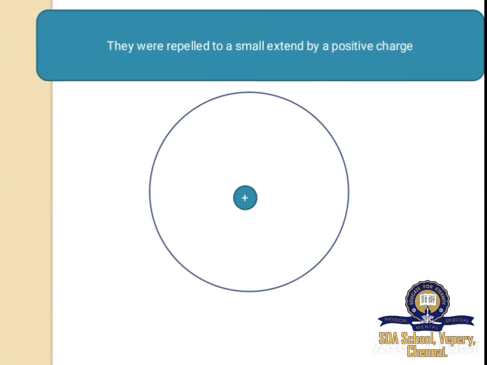How can we say it is a positive charge? Because alpha particles are also positive. We saw that alpha particles are helium ions with a double positive charge. We know that like charges repel. So we can say that there is a positive charge at the center.